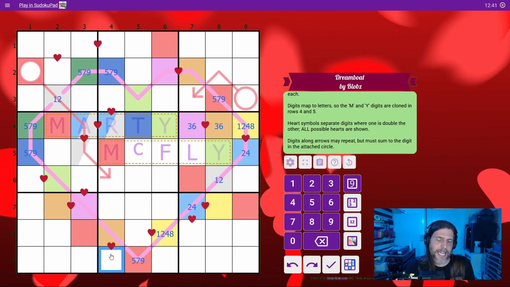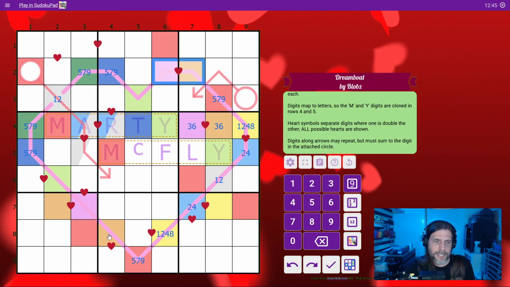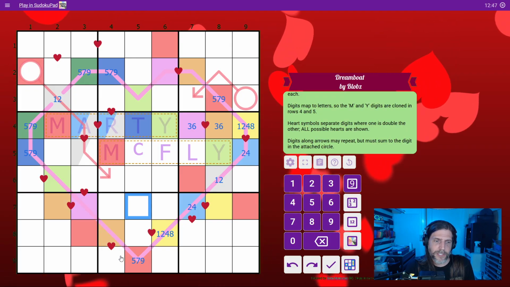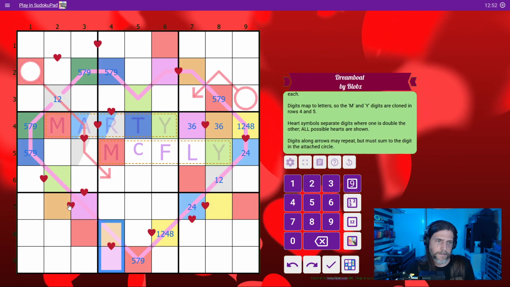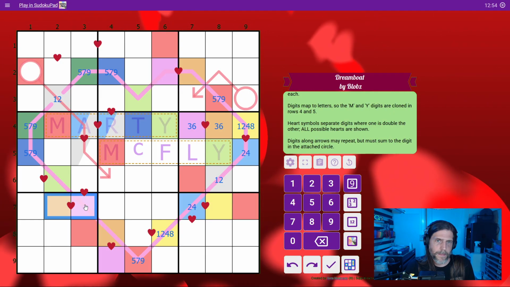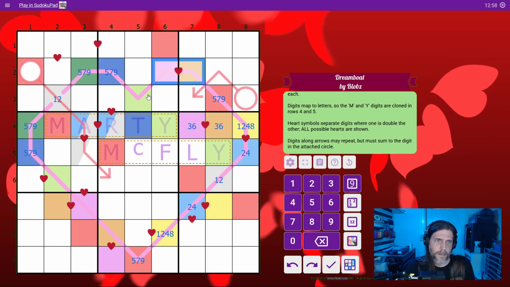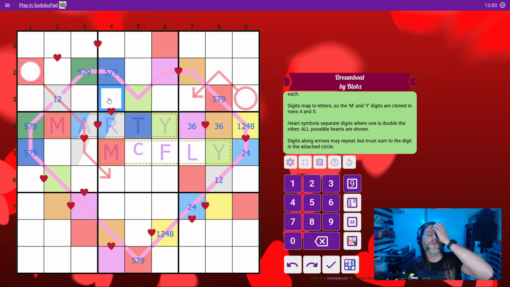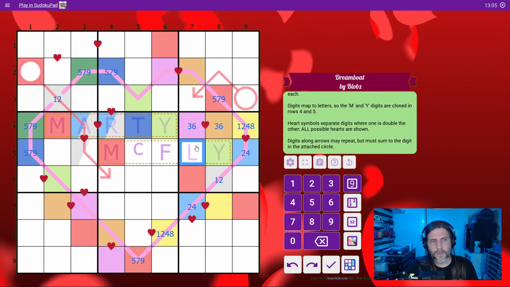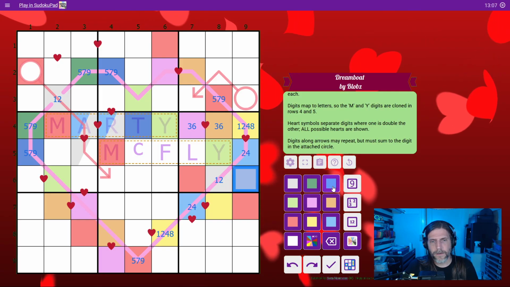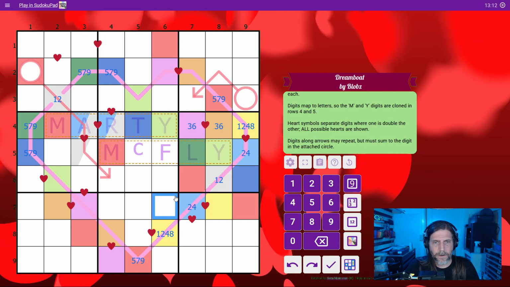And that means that this can't be lime. Pink and orange always go together because it's 3-8, right? So that's not pink or orange, for example. Well, it obviously is. So dark blue must be here. And dark green must be here.